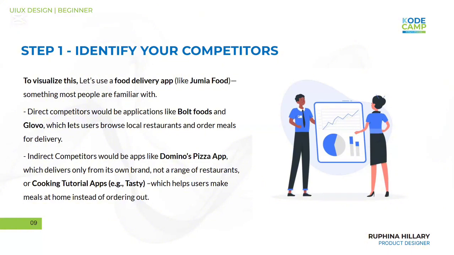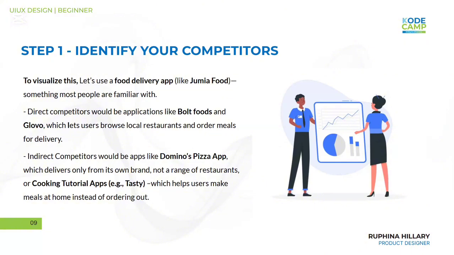Another indirect competitor would be food tutorial applications, which help users make meals at home instead of ordering out. So now you see that indirect competitors might not do exactly the same thing that you are doing, but they will be indirectly competing with you. Someone that downloads a food tutorial application would be less likely to order food from Jumia Food.